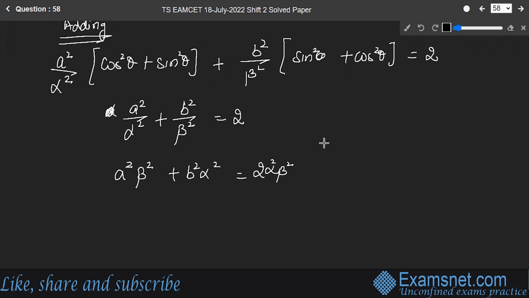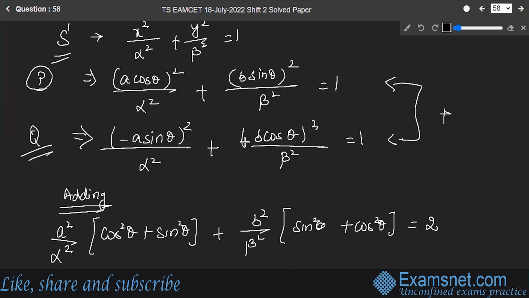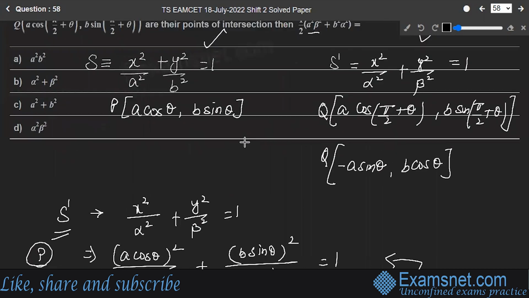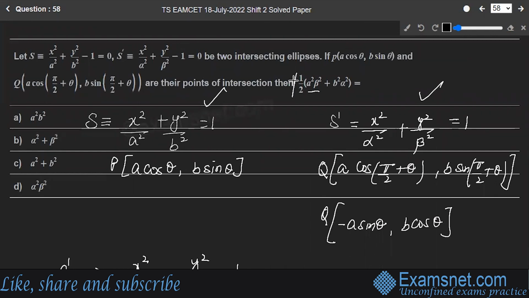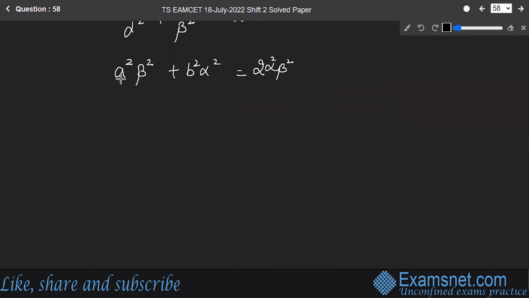Correct? What did we have to find out in the question? Half of a square beta square plus b square alpha square. I will take this 2 to the left hand side.